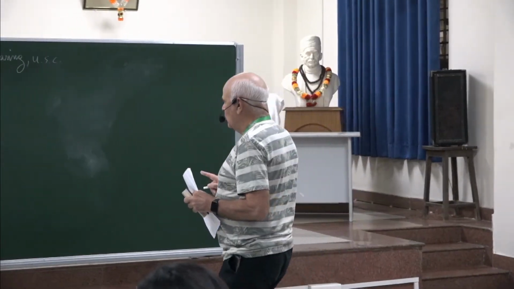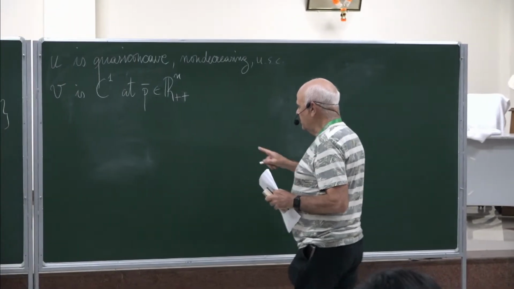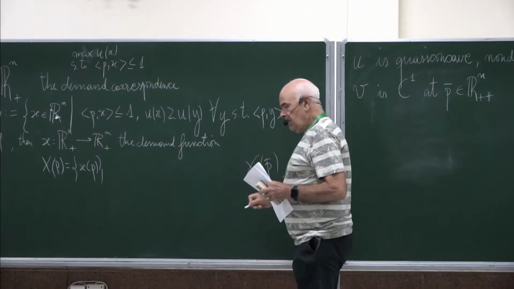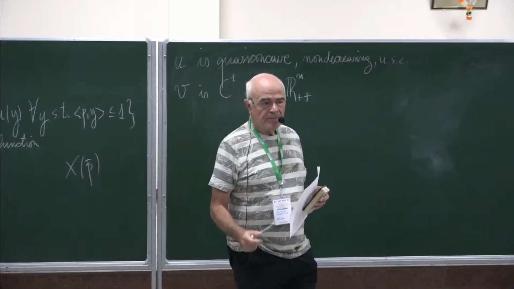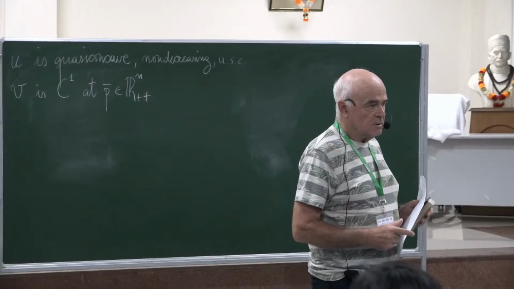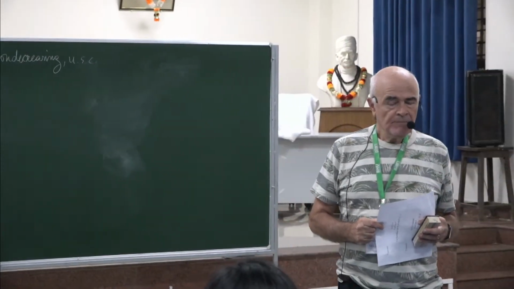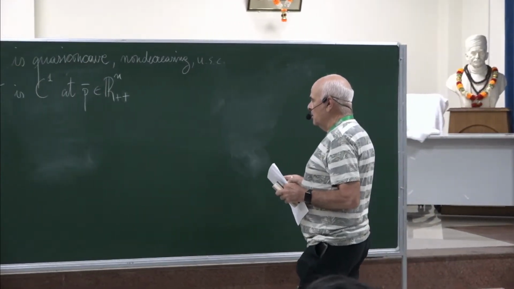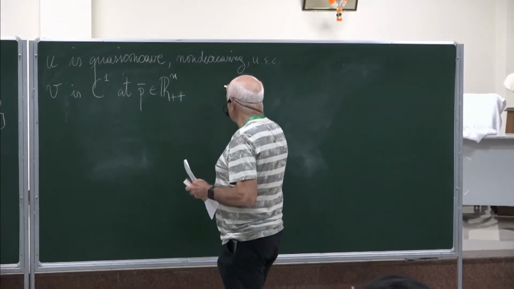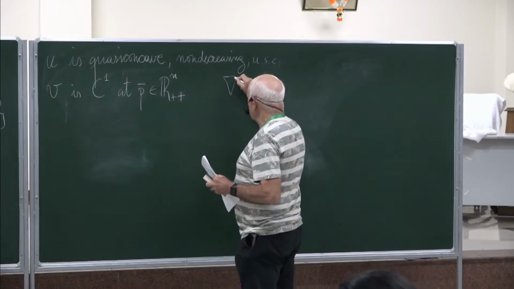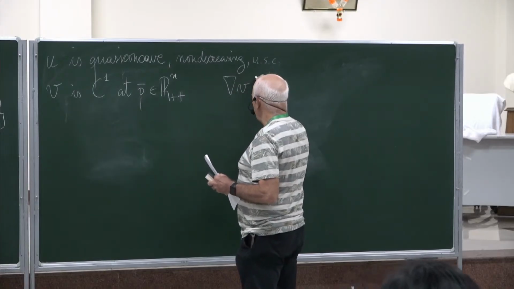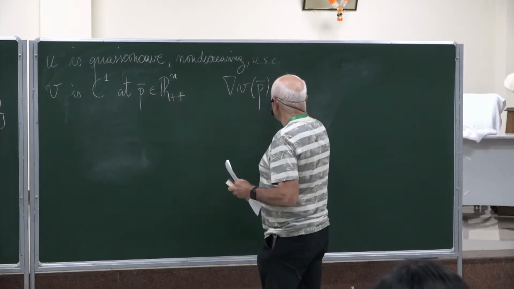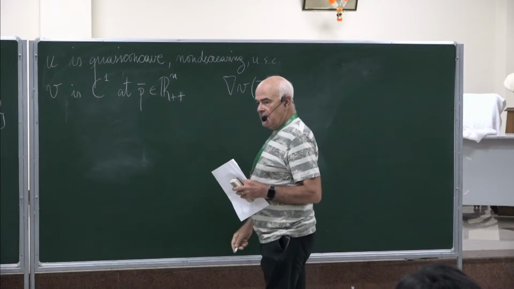So we are interested in finding X of P bar, for this particular P bar. And P bar is in the interior of the price vectors. And also we assume that the gradient of V at P bar, which is assumed to exist, is non-zero.